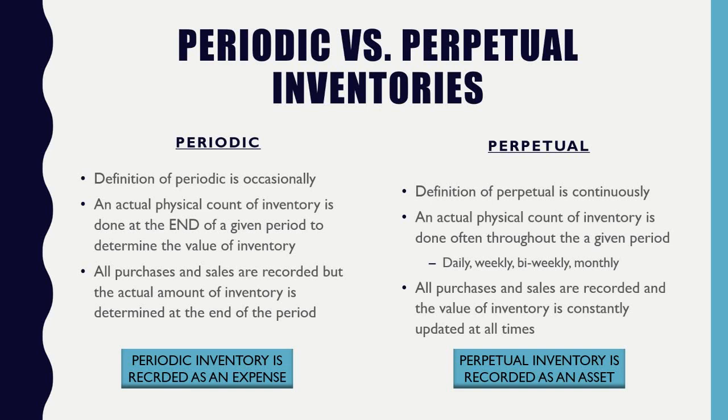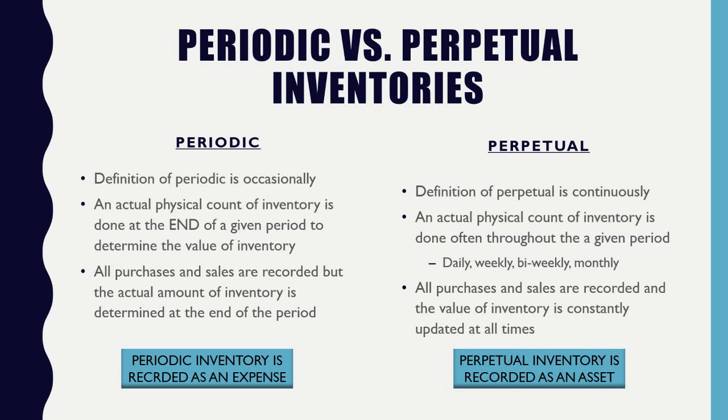While if you're using a perpetual type of inventory, you should know how many items you have on hand at all times, because you're constantly updating every time you make a purchase. You're updating your inventory. Every time you sell a product, you're updating your inventory. So in this case, you can do a rough physical count of all of your inventory items that you have on hand to ensure that when you have sold an item, for instance, that you match your numbers.